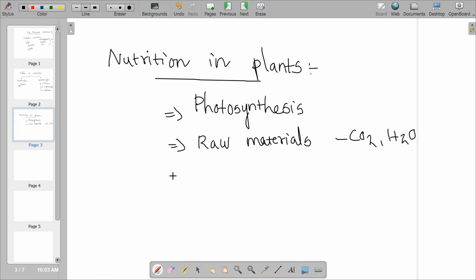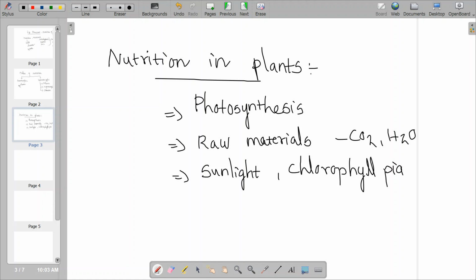Okay, in addition to carbon dioxide and water, plants require sunlight and chlorophyll pigment. Sunlight and chlorophyll pigment.